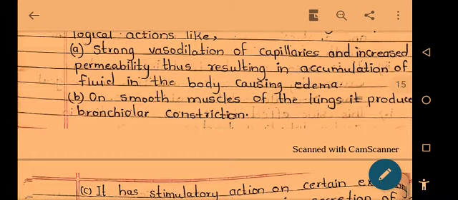If bronchial constriction takes place, the respiratory system does not work properly and the body performs respiration fast so that the required amount of oxygen is obtained from the air. This is generally found in asthmatic patients or allergic patients.